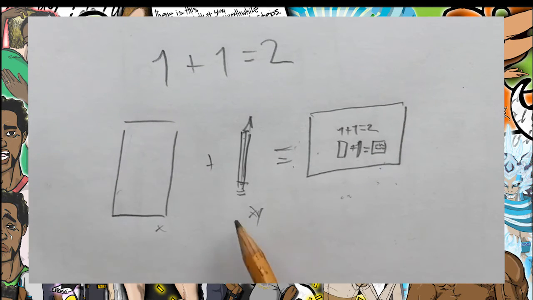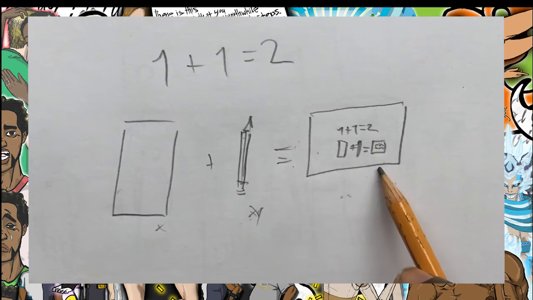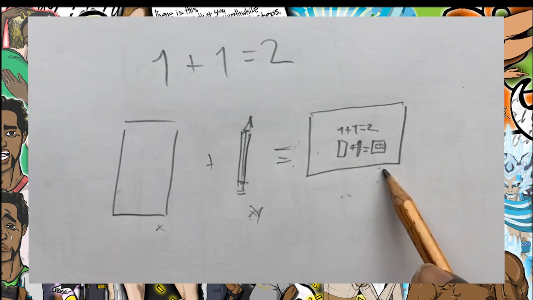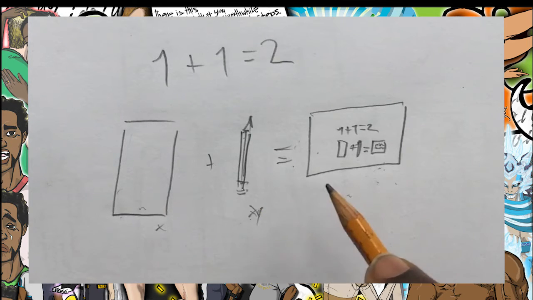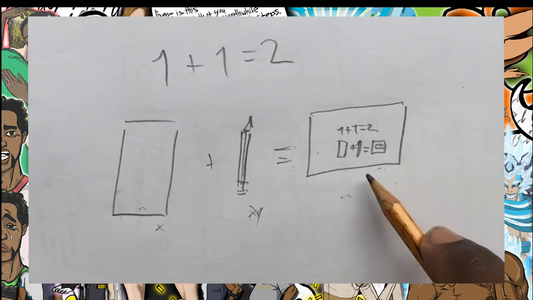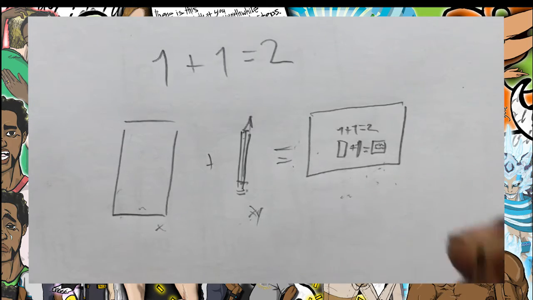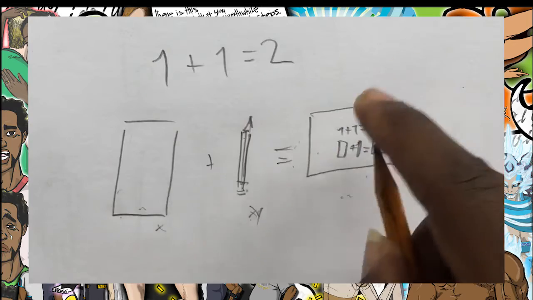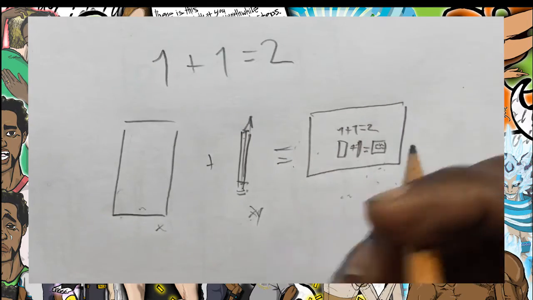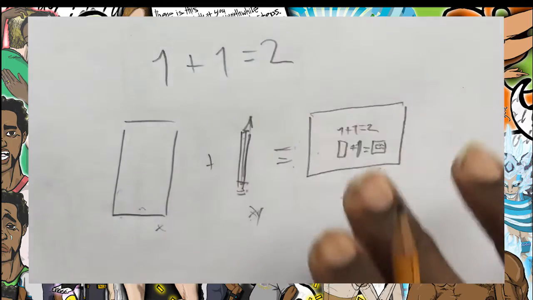So on one hand, you can say these are two things of stationery, and that doesn't equal two different things of stationery. One individual piece of stationery, another individual piece of stationery added together does not create two pieces of stationery, but there's some kind of transfer there. Now in this sense, the pencil, as I mentioned, is something that transfers part of its being, part of its existence, part of its x, part of the concept of what makes a pencil onto the piece of paper.